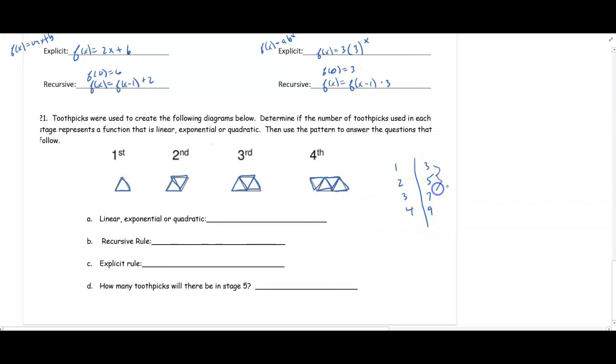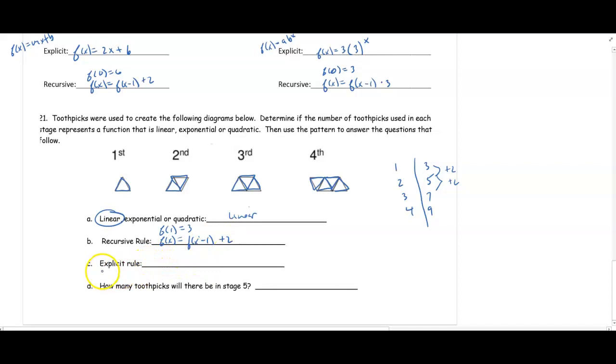What do I notice is going on here? It's going up 2 each time. So right away I know that this is a linear function. The recursive rule would be f of 1 equals 3, then f of x equals the previous term plus 2, since my common difference is 2.